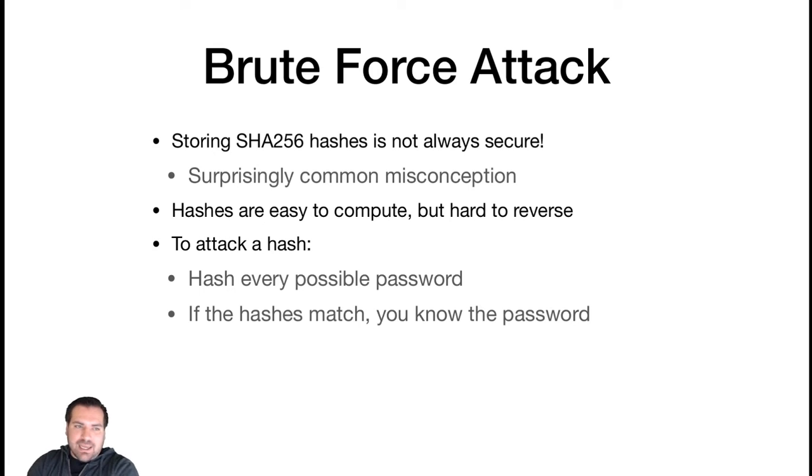However, by design, it's always efficient to go from plain text to the hash. So if you're hashing, it's next to impossible to go backwards, but it's super easy to go forward. So this enables what we call a brute force attack, where you just keep guessing, hashing, and if the hash matches, you just crack that hash.